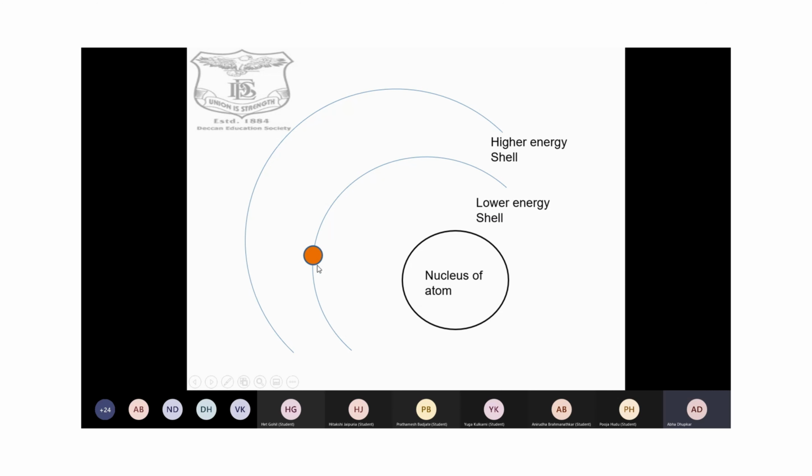Now what happens is you have got an electron over here. Can you see this orange dot? So this is an electron. This electron is going to remain in its energy shell until and unless it is acted upon by an external force. Which external force can act upon an electron? There are multiple forces that can push an electron from a lower energy shell to a higher energy shell.